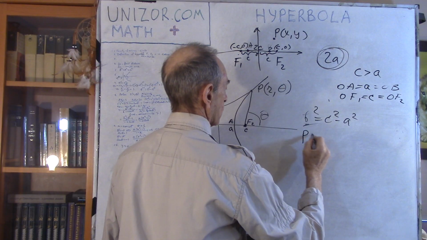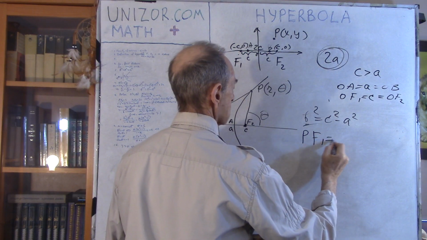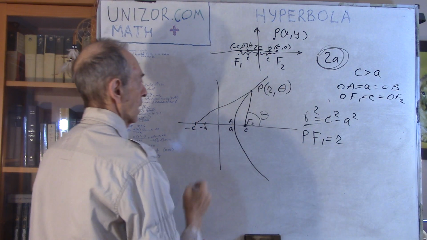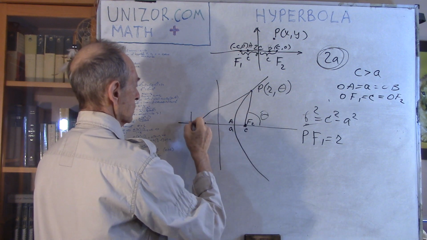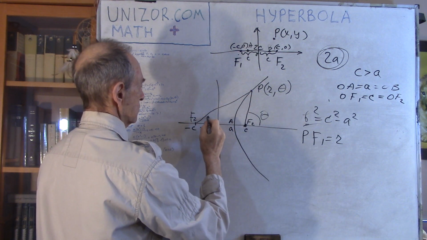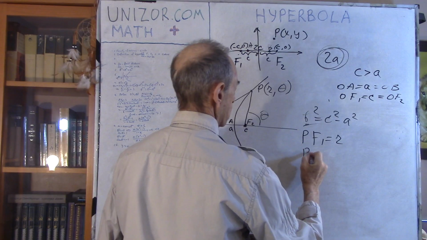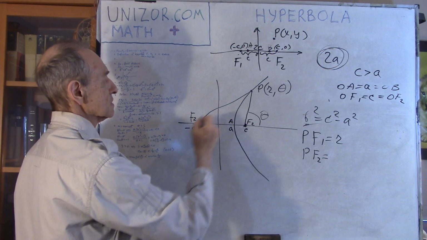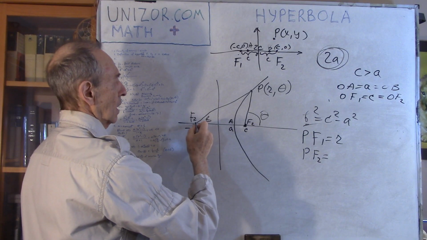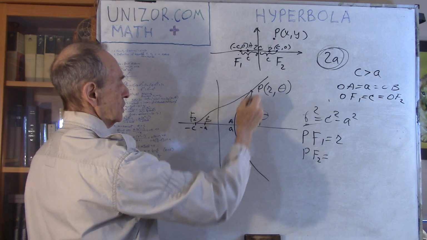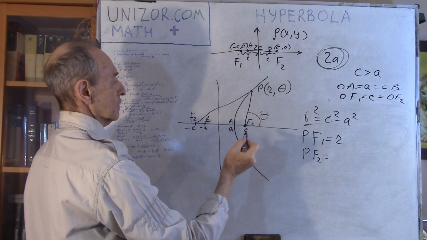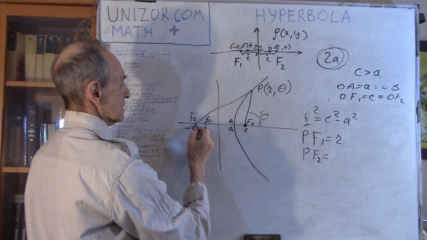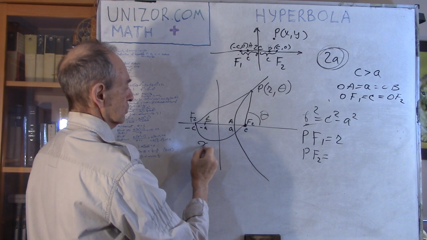So from P to F2 is r, and from P to F1 is slightly more complicated. However, you can always consider this triangle F2, P, F1. So what do we know about this triangle? We know this side, which is equal to 2c, right?